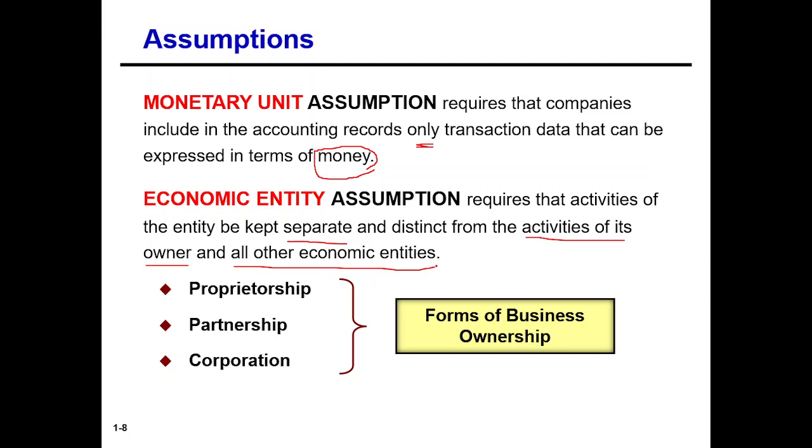We will record activities of the entity, but its owner's activities will not be recorded. Other economic entities' activities will not be recorded in our accounting record, but will be recorded in these entities' accounting record. That is the economic entity assumption.